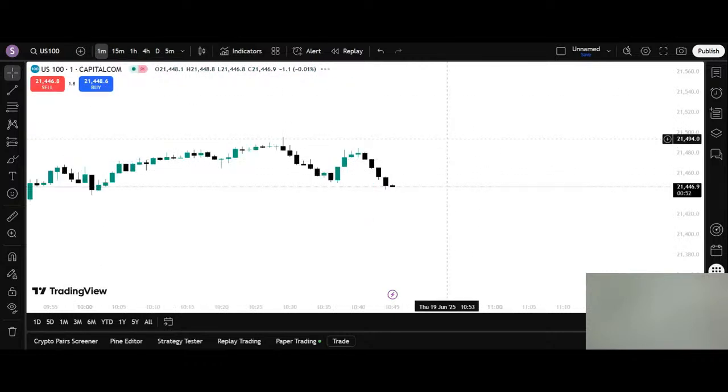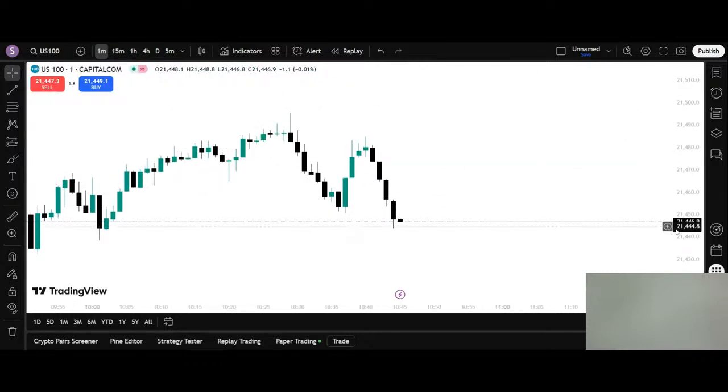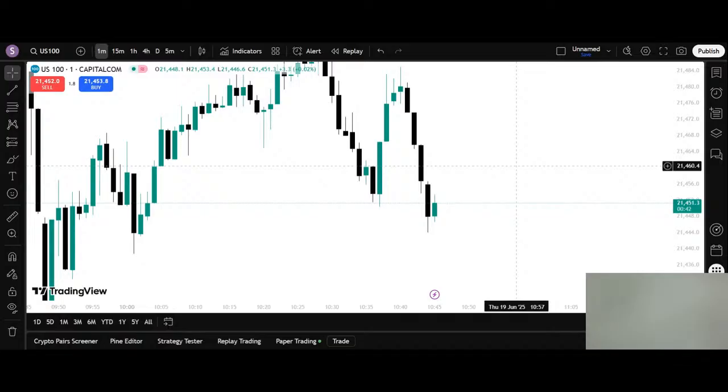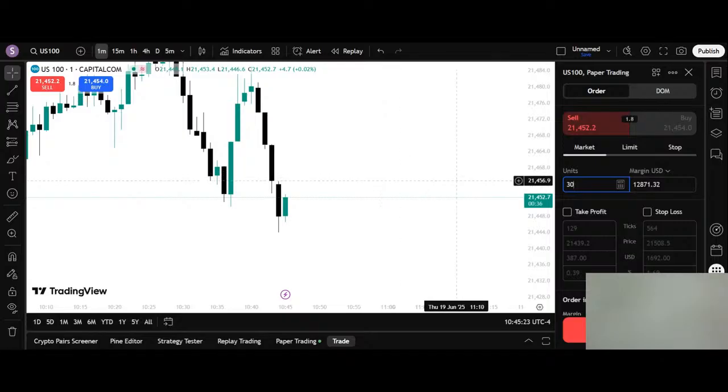Let's go down to the 1 minute and see if we can find an entry. I want to sell around 21460. I'm currently trading a 100k account. You shouldn't risk more than 1% of your account.